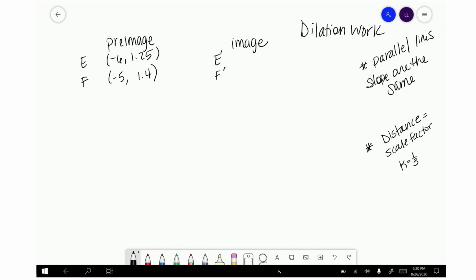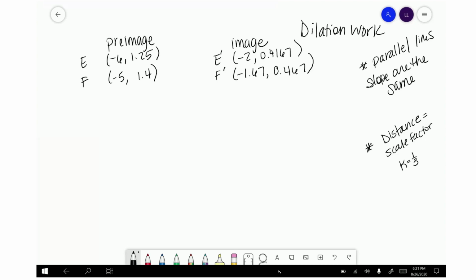My image for dilation is -2, 0.4167, and -1.67, I'm going to round it, 0.0467. All right, so those are my points.